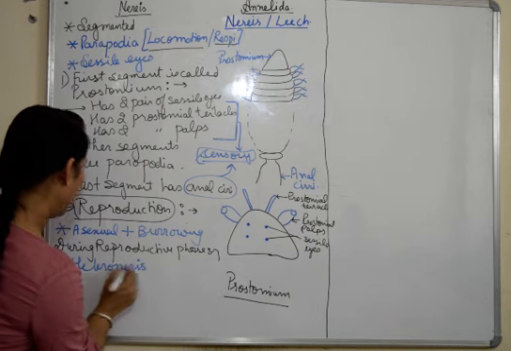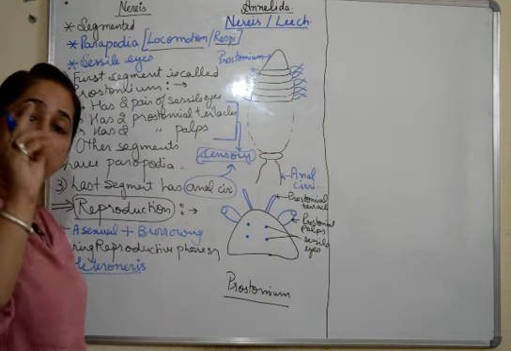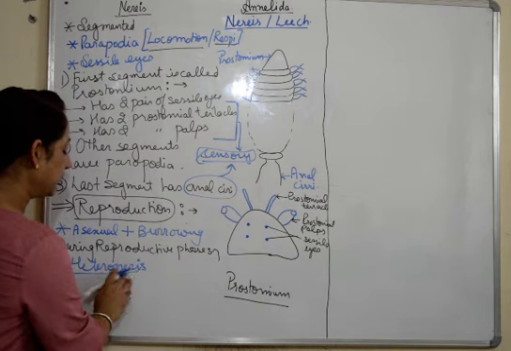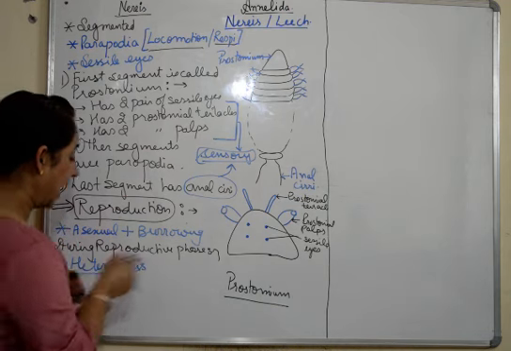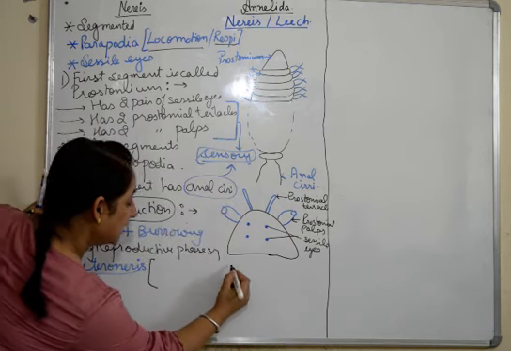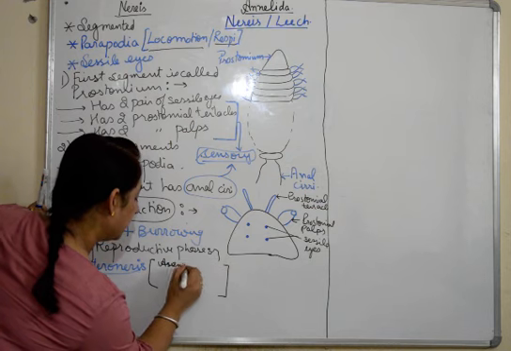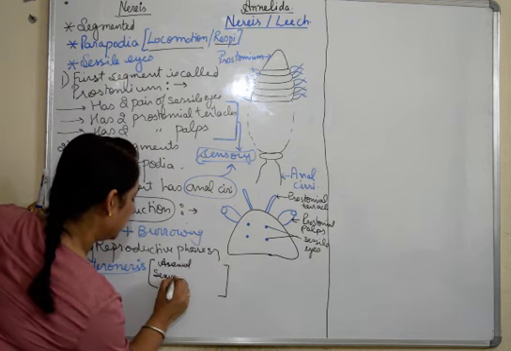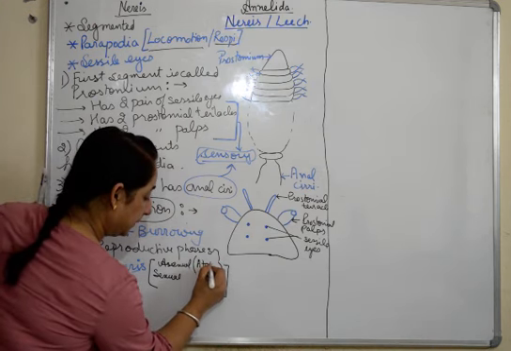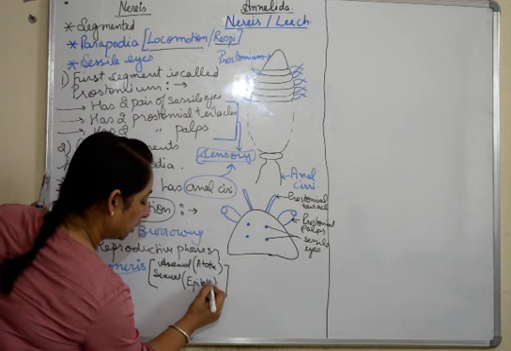Fine. Now this is a very important question. Name the reproductive structure of Nereis. That's known as heteronereis. Now in heteronereis, if we specifically talk about it, it has an asexual part and a sexual part. The asexual part of heteronereis is known as atoke, whereas the sexual part is known as epitoke.